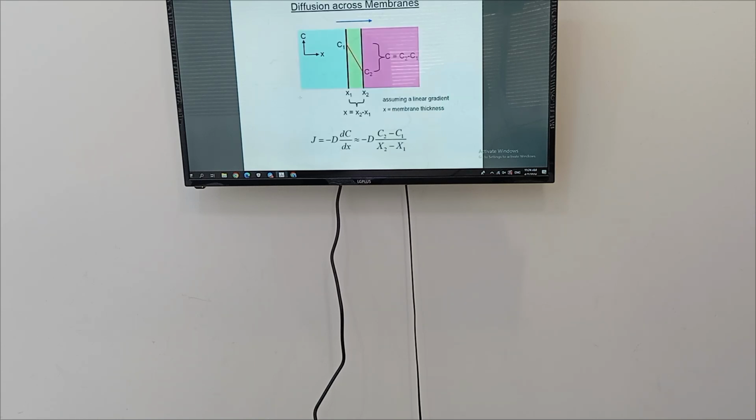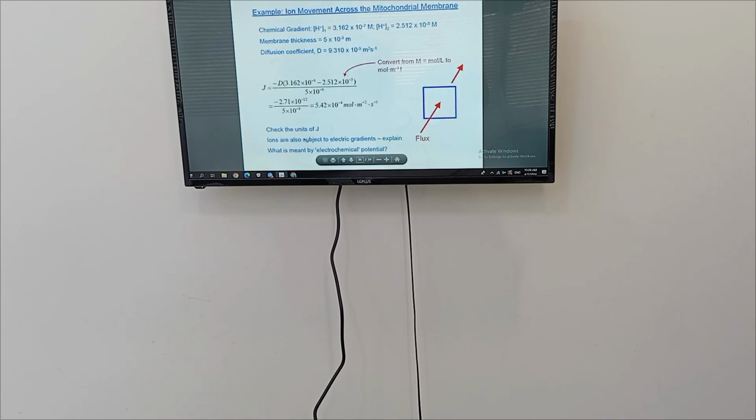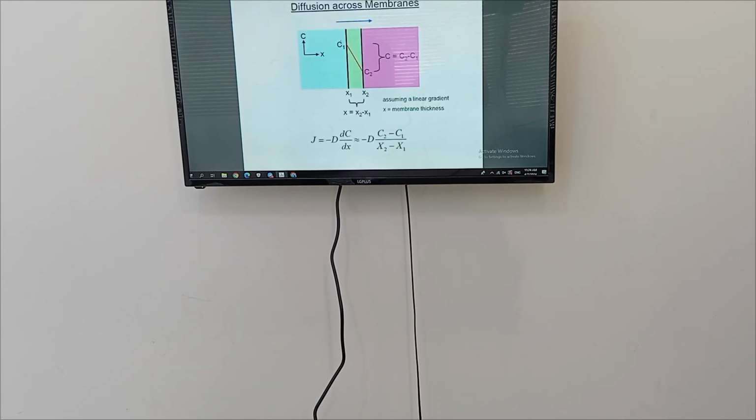Diffusion across membranes. Assuming a linear gradient, X, this part, is the membrane thickness. Okay, so the particles will move from C1 that has a higher pressure to C2 that has a lower pressure.